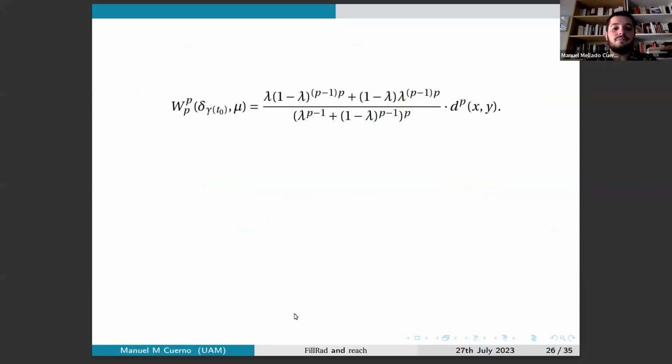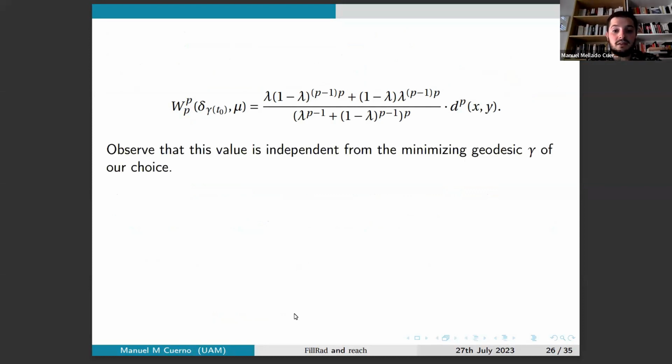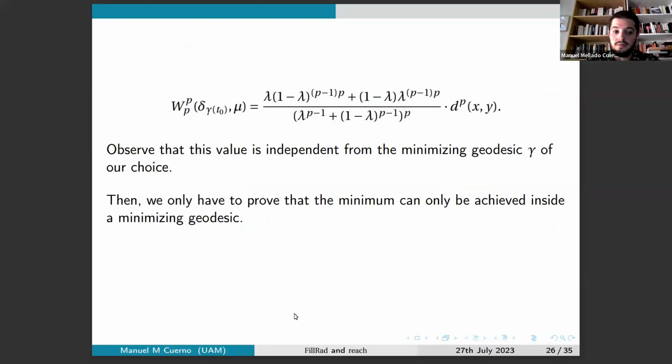But what is the important point in this expression? The important point is that this expression is independent from the minimizing geodesic we have chosen. So now we only have to prove that the minimum can only be achieved inside a minimizing geodesic.